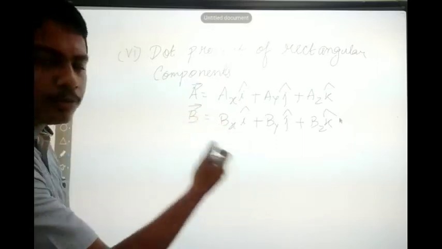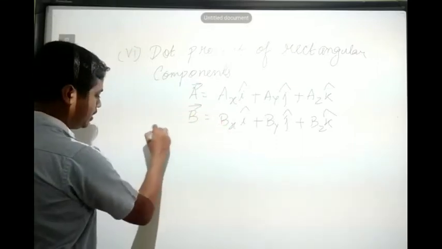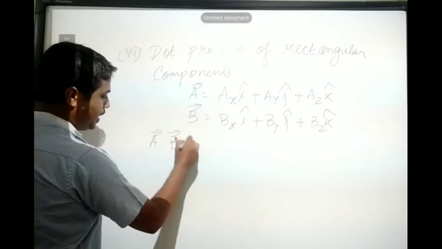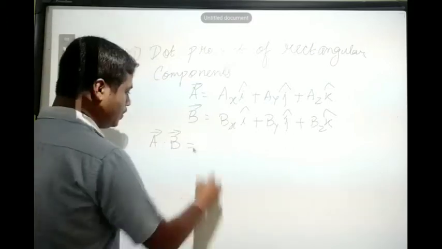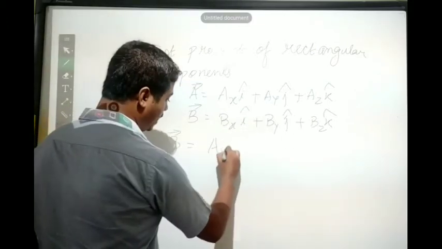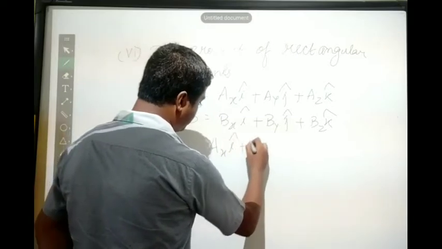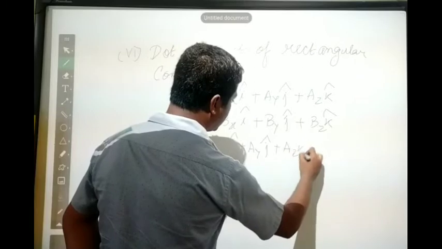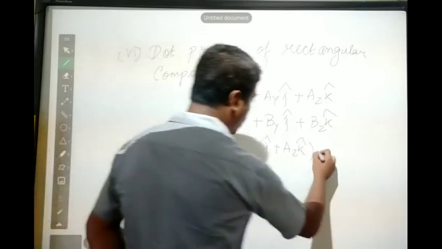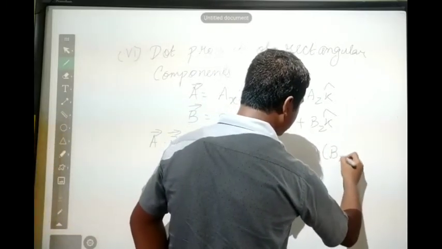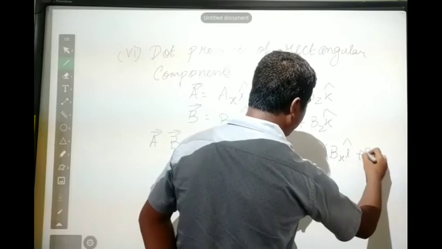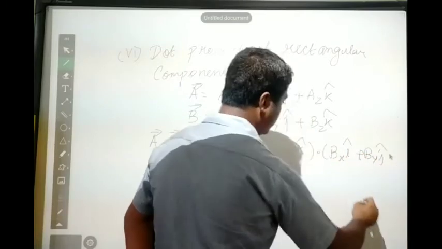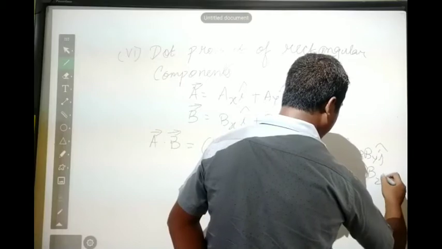If I do a dot product, vector A dot vector B, I have to place the values of A and B: ax i cap plus ay j cap plus az k cap dot bx i cap plus by j cap plus bz k cap.